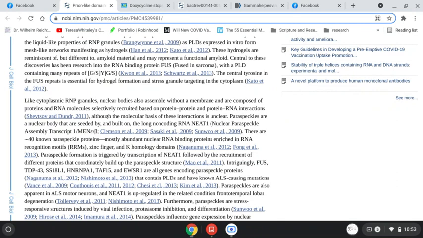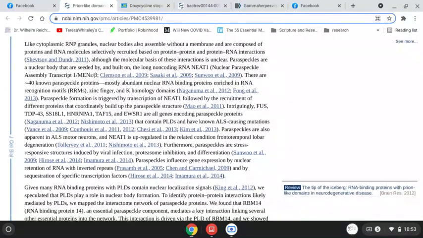Paraspeckles are also apparent in ALS motor neurons, and NEAT1 is upregulated in the related condition frontotemporal lobar degeneration. Furthermore, paraspeckles are stress-responsive structures induced by viral infection, proteasome inhibition, and differentiation.